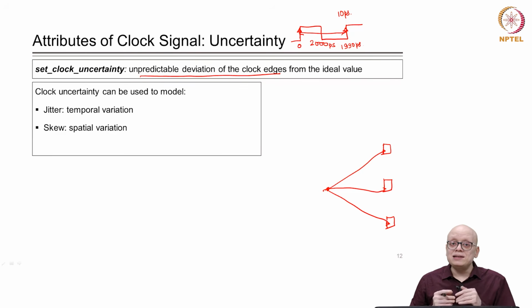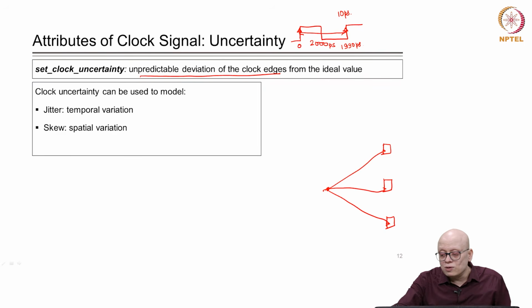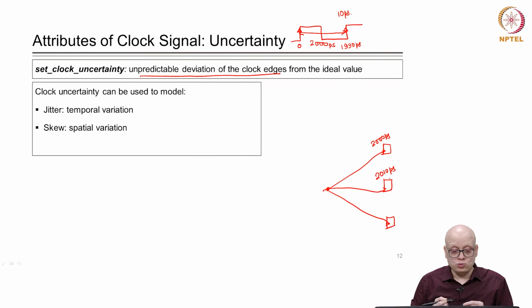But what happens in real designs, when we do the layout of the clock tree, is that at one flip flop clock pin the next clock edge can come at say 2000 picosecond, while at others it may be delayed and come at 2010 picosecond. So, the difference between these two times, that is 10 picosecond in this case, is known as the clock skew, right.